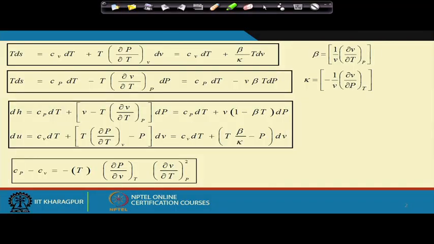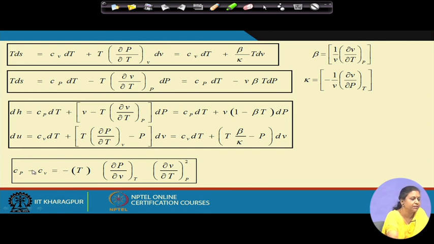Now, once we are aware of the PVT behavior of gases, we can use whatever information we have at hand in order to express enthalpy, entropy, internal energy, etc., even Cp, Cv, etc., in terms of the PVT behavior of the gases.